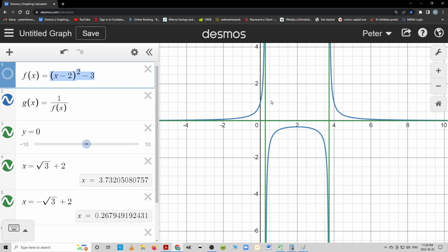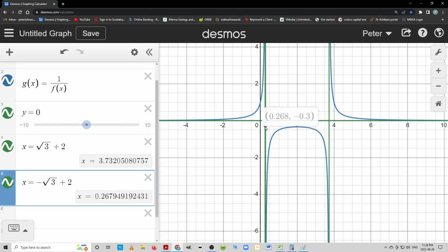But if you don't, you can just take a value that's to the left of this asymptote, let's say 0.